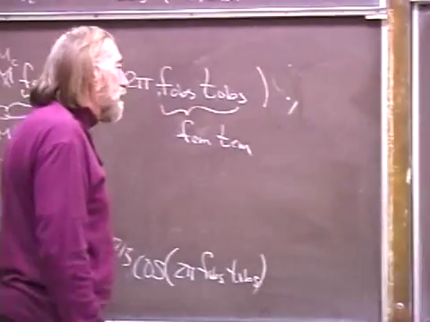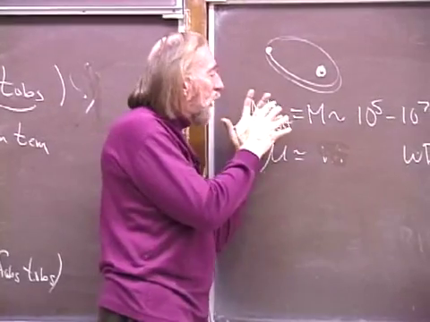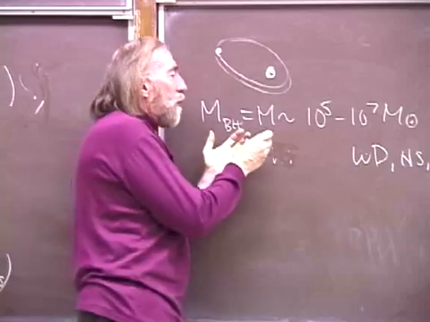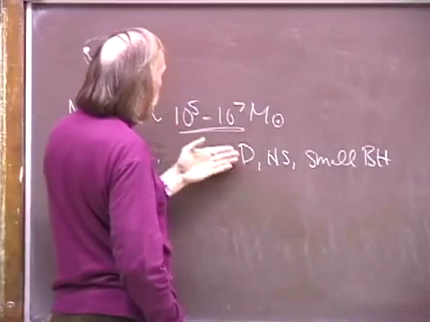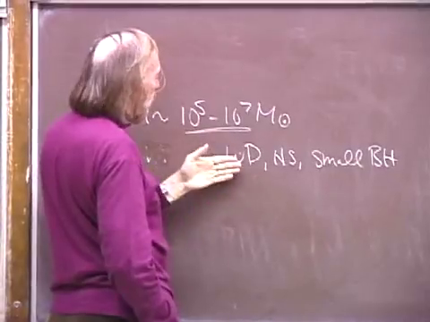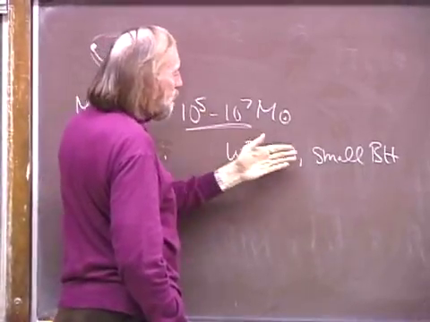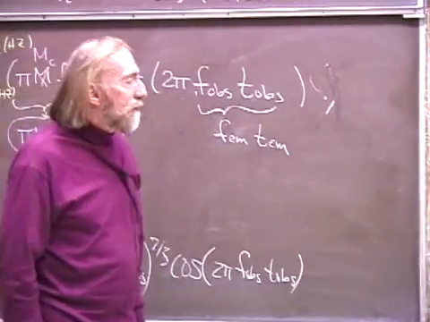And is it true, indeed it is, that throughout this mass range, white dwarfs will get torn apart at the lower end of this mass range, but they get very close to the horizon before they get torn apart. Neutron stars and small black holes will never get torn apart in this mass range. Okay.